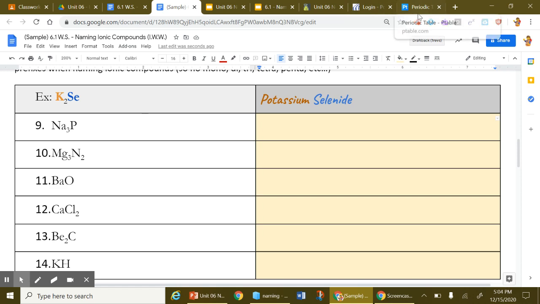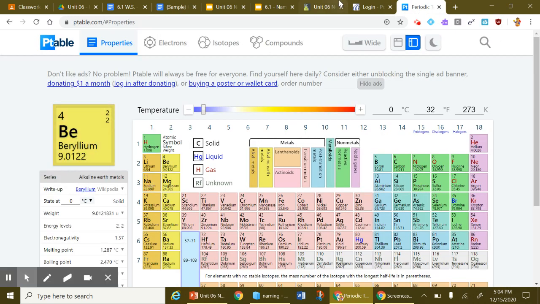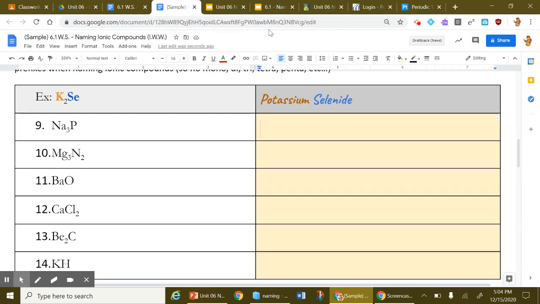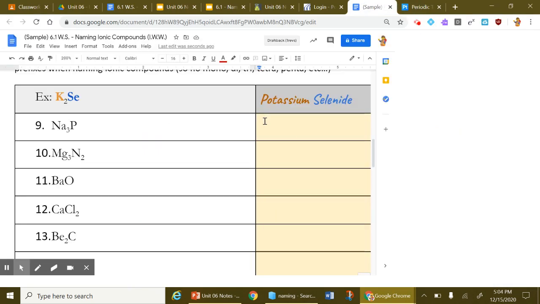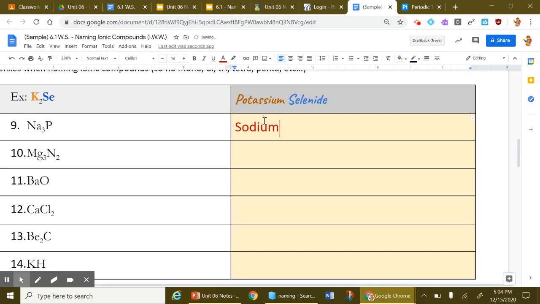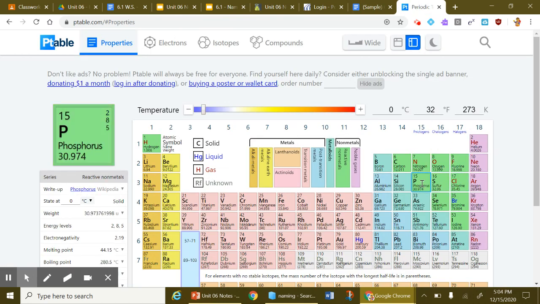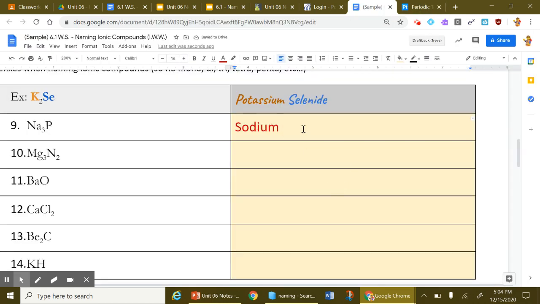So Na, that is sodium. Okay, that's sodium. So then this is going to be sodium. And P is phosphorus, which as a negative ion becomes phosphide. So this is just sodium phosphide. Okay. Mg3N2.